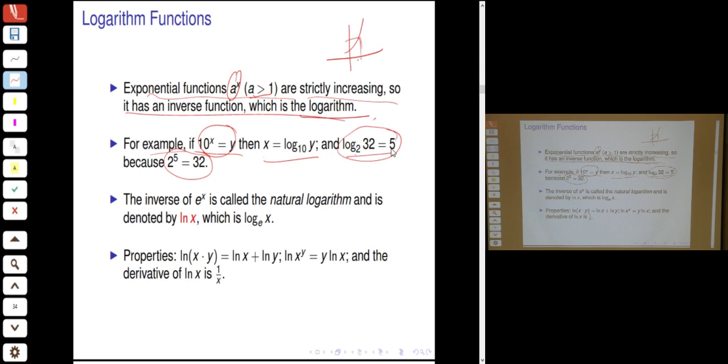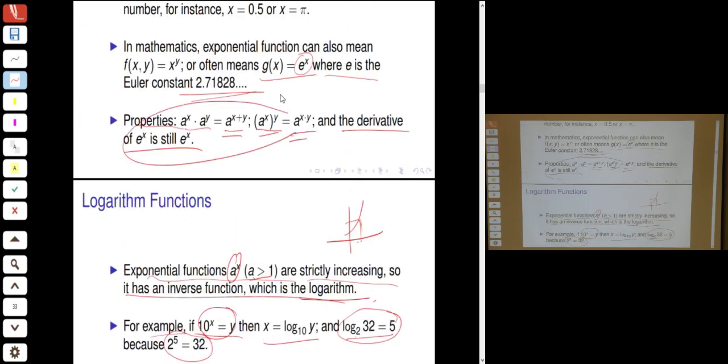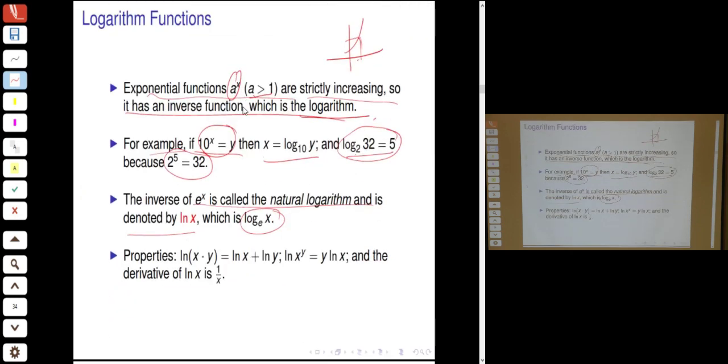The inverse of e to the x is called the natural logarithm and is denoted by ln x, which is log base e of the number x. Just in analogy to the properties of the exponents, you have basic properties of logarithmic functions. Log of x times y is log x plus log y. Log of x to the power of y is y log x. The derivative of log x is 1 over x, and so on.